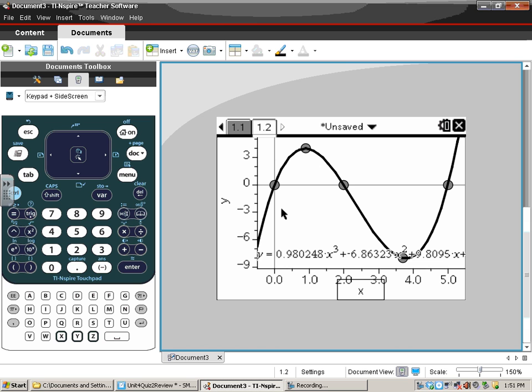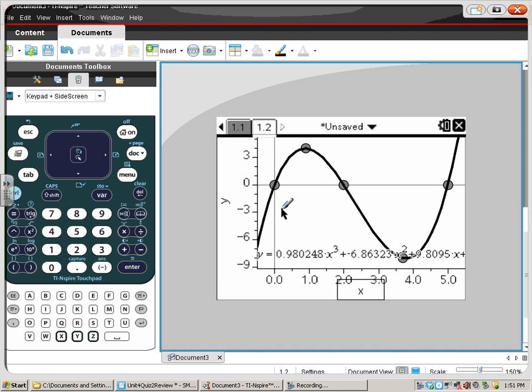That looks like a pretty good fit. When I'm asked to write the equation for my regression, I'm just going to round to the nearest hundredth. Nearest tenth will be fine as well.